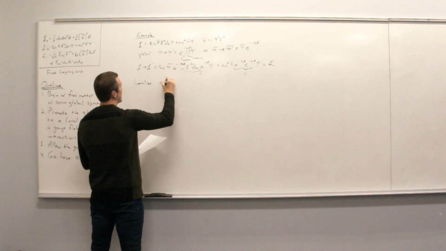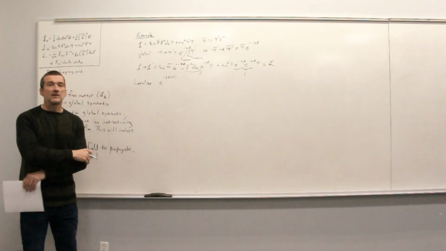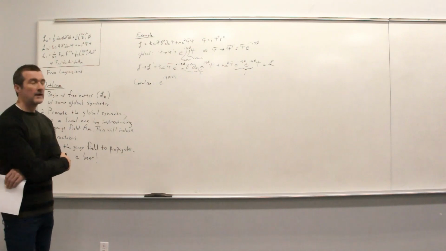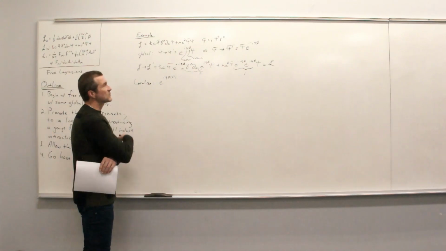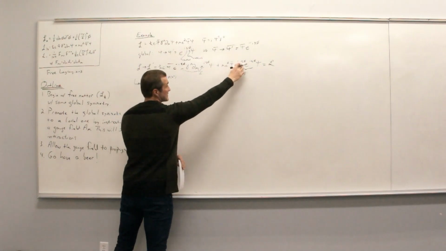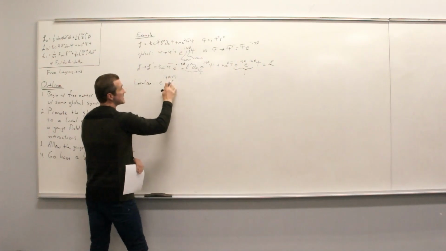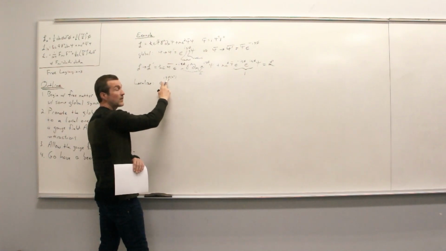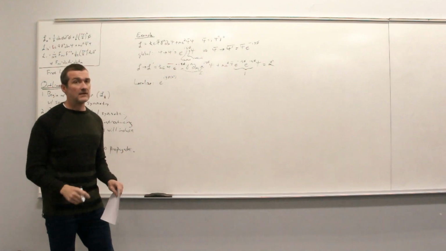Instead of e to the iq phi, we're going to have e to the iq phi, where phi is a function of where you are. So this is why I carried two parameters into the global example, because one of these is going to become a function, and the other one is still going to be a constant. We'll figure out the role that constant plays in a bit.